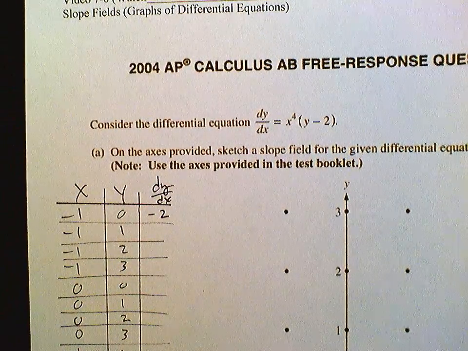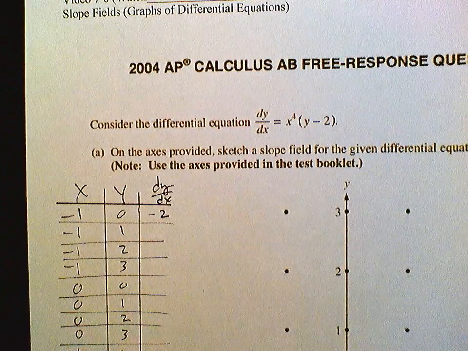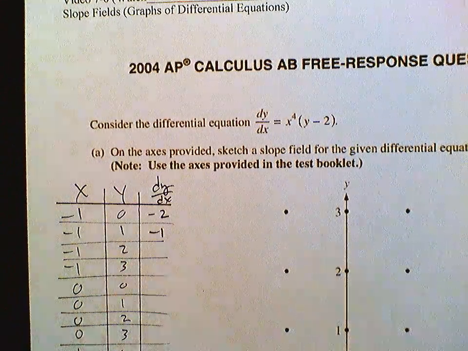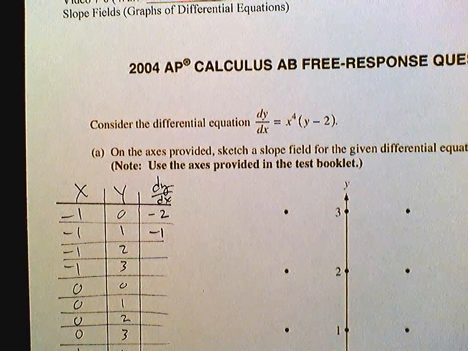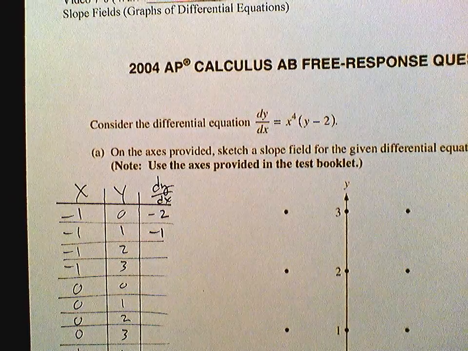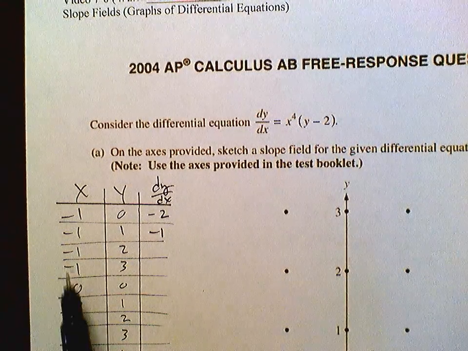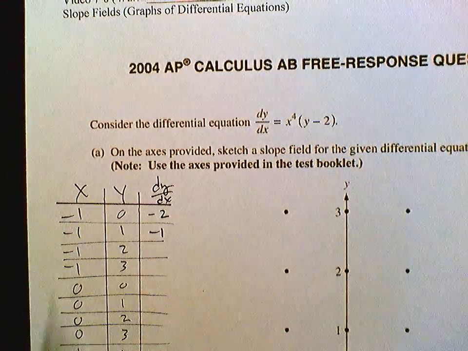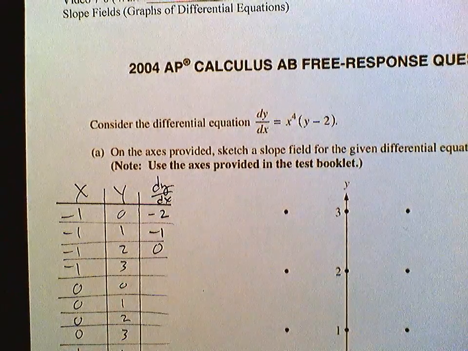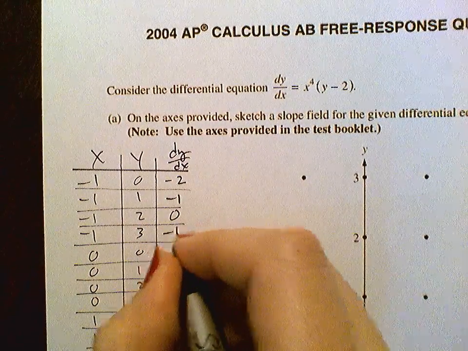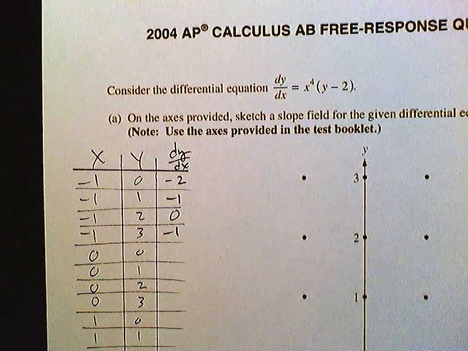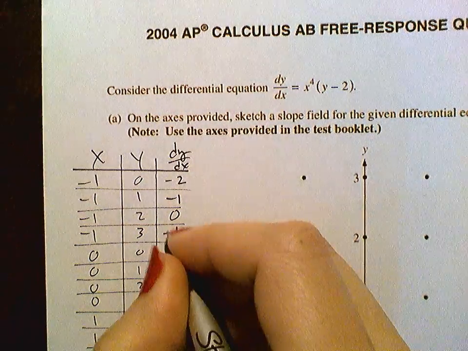If -1 goes in for x and 1 goes in for y, we get a slope of -1. I already did this, so let me make sure I'm doing it right. Yeah. If -1 goes in for x and 2 goes in for y, we get dy/dx equal to 0. -1 goes in for x, 3 goes in for y, -1, right? Nope, +1.